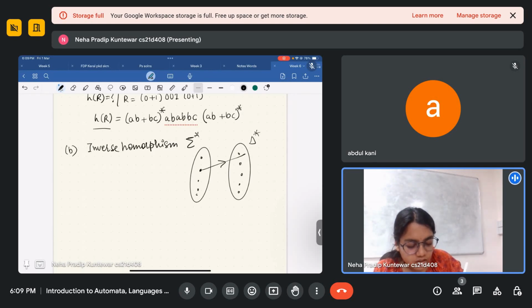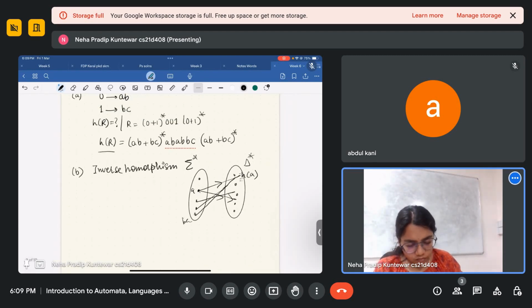Like some string here gets replaced with some string here, and so on. So if this is A, for example, then this is H of A, but there could be different elements here, maybe B, A, and so on, that take you to the same value. So inverse homomorphism basically asks you what all elements map to H of A.